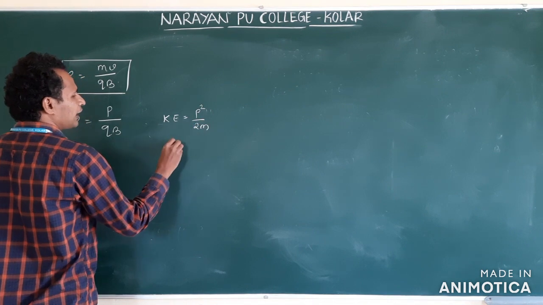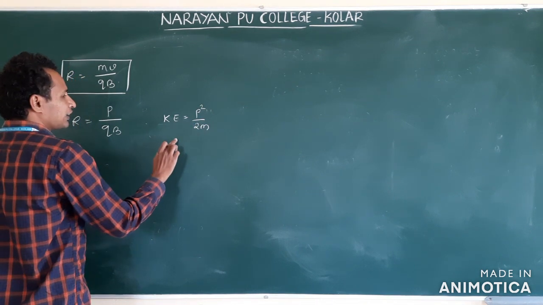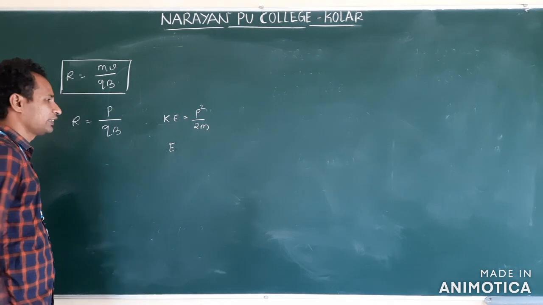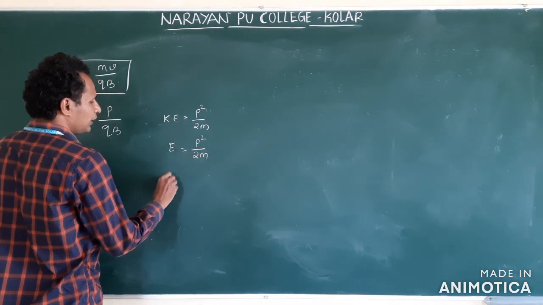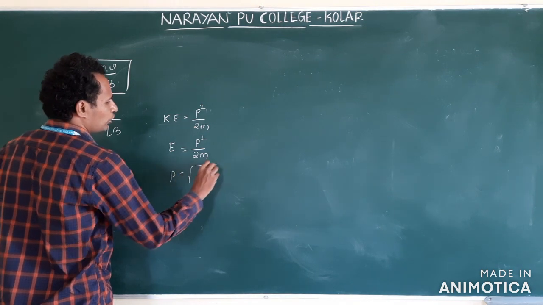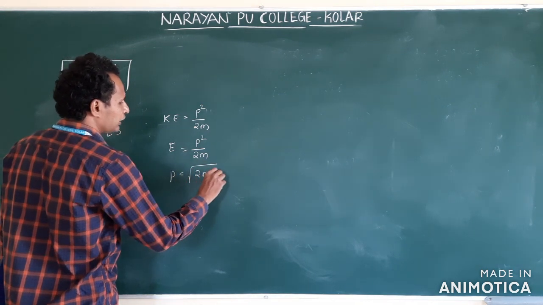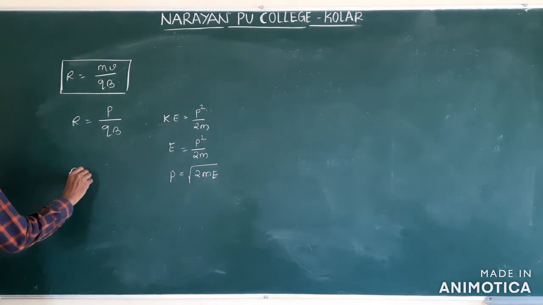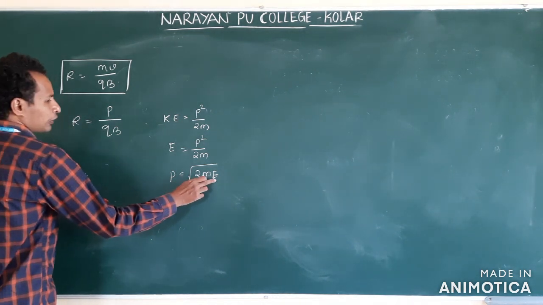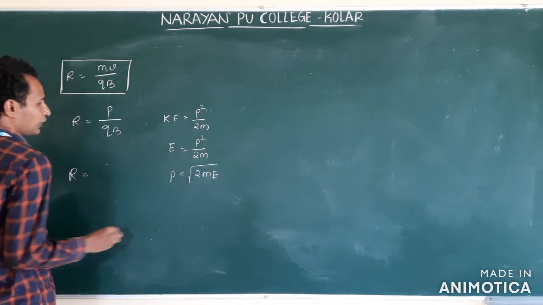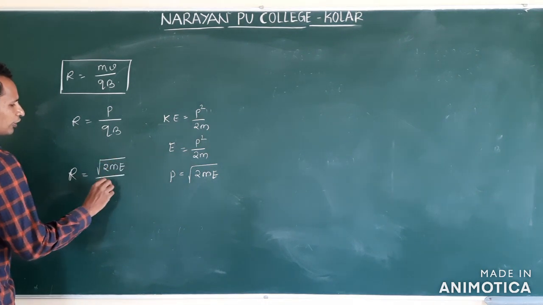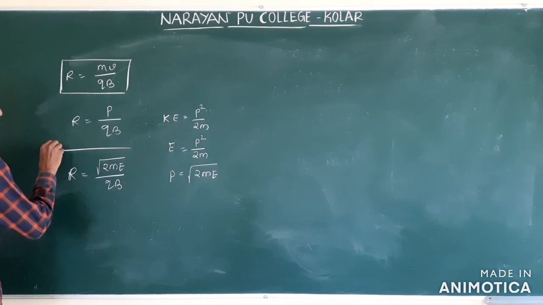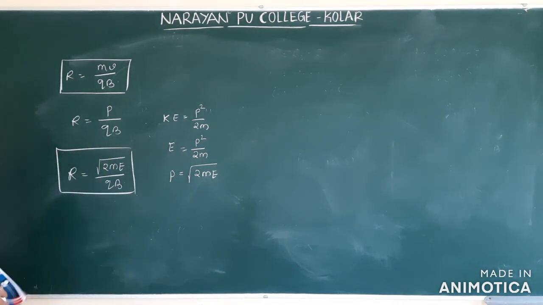Instead of writing KE, I am taking just energy E. A charged particle always possesses kinetic energy. E is equal to P square by 2m, so P is equal to under root of 2mE. Then if they give the information in terms of energy, the radius formula is under root of 2mE by QB. Clear? Understand?